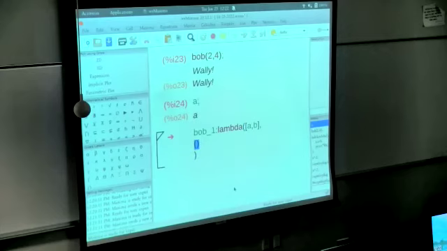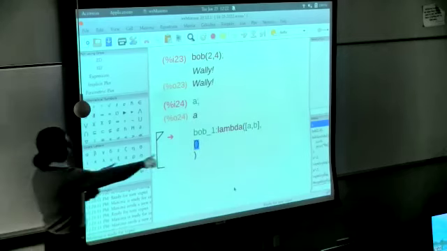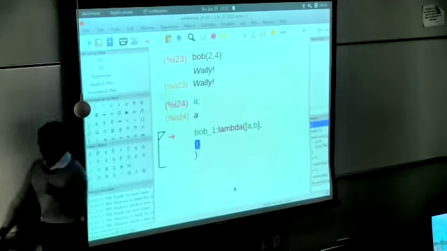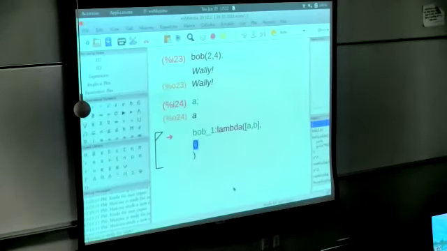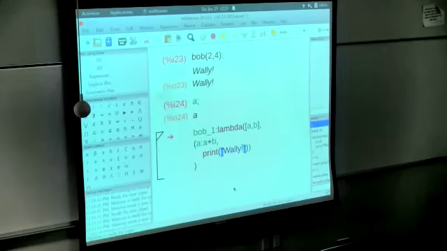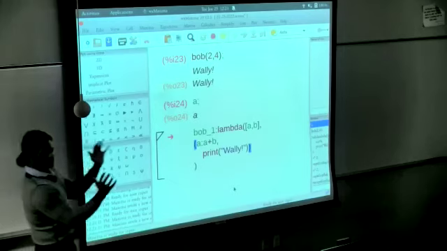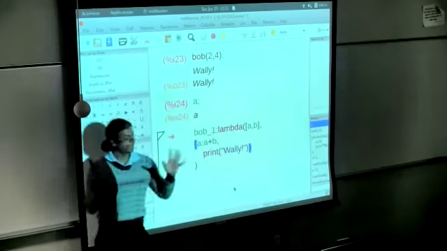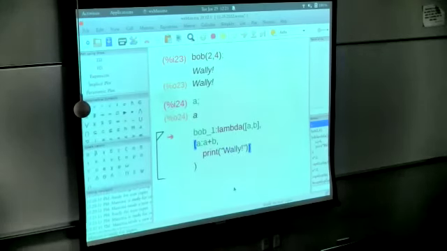This is for the lambda function, and I'm going to type the same statements, only this time I'm putting them together, organizing them, and leaving them within parentheses.